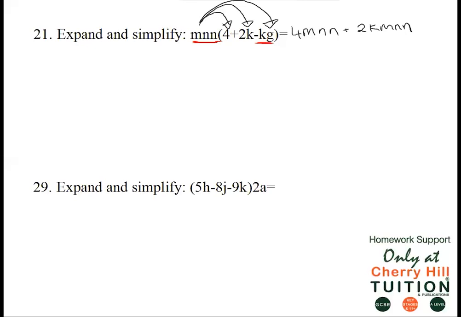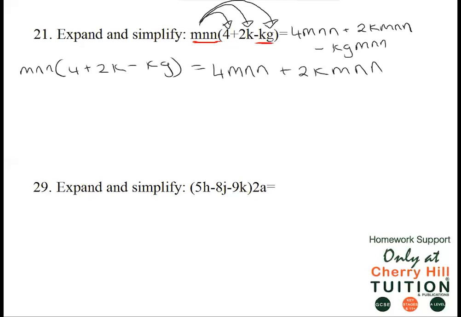So mnn multiplied by minus kg will give us minus kg mnn. So let's rewrite this here. Okay?